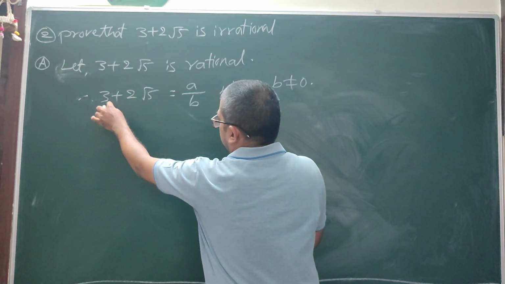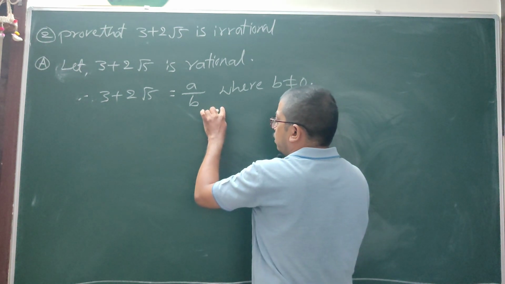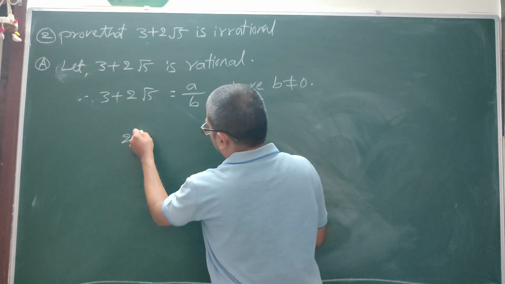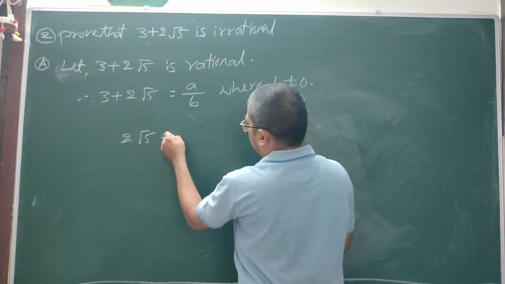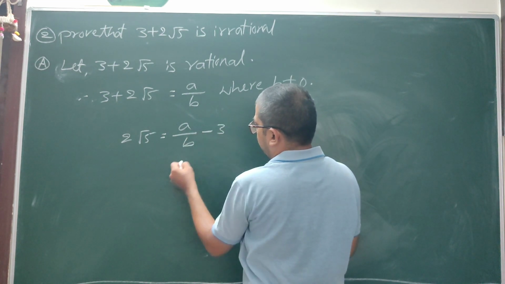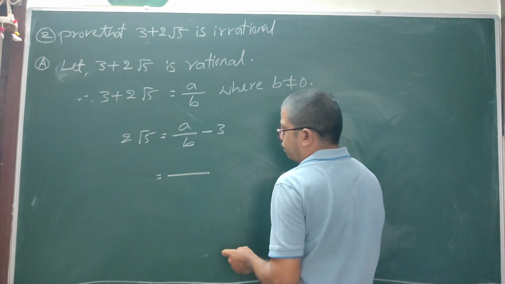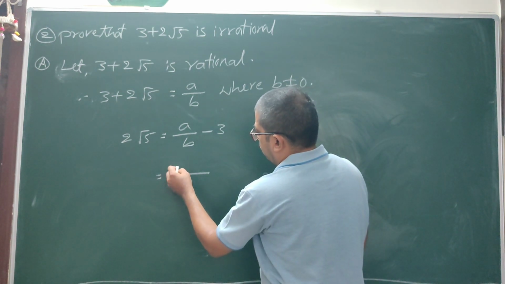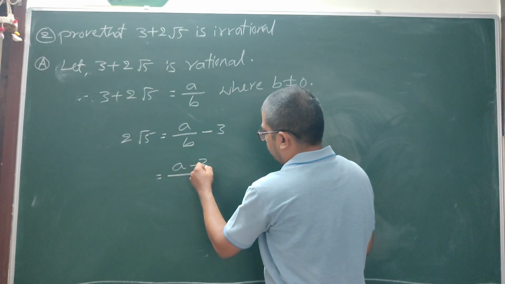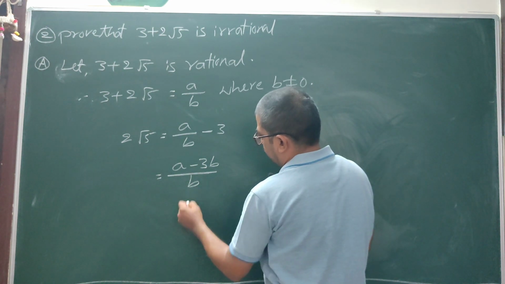Here 3 is adding, 2 root 5, it moves to right side of equality, it subtracts a by b. 2 root 5 equal to a by b minus 3, equal to a minus 3b by b.